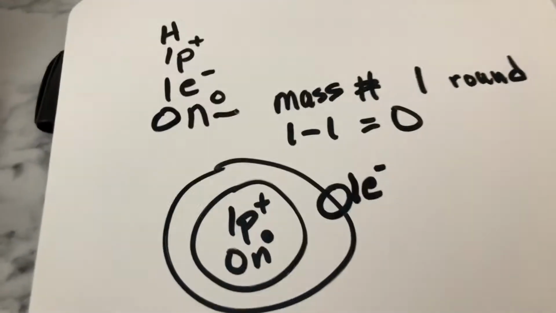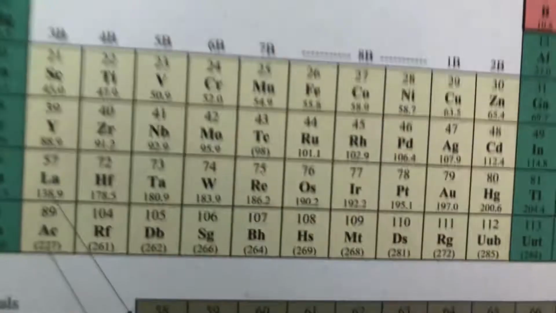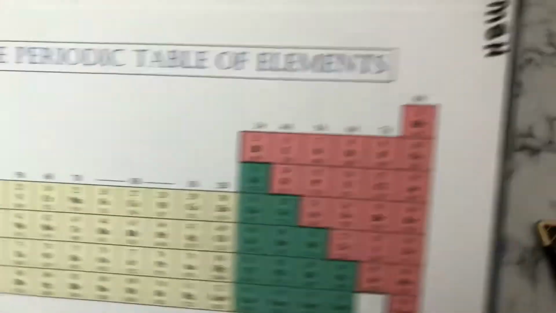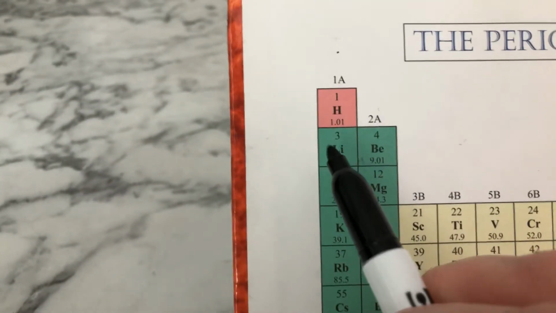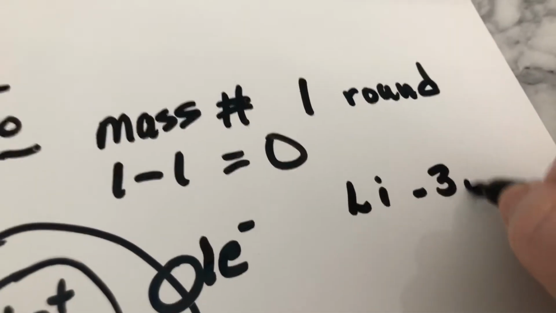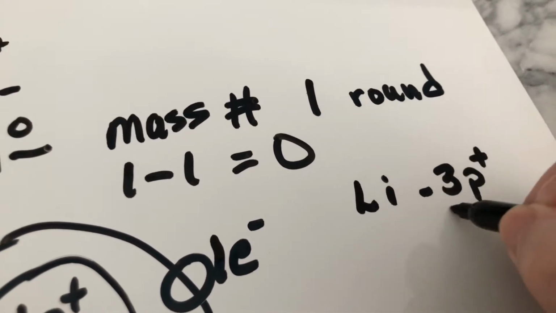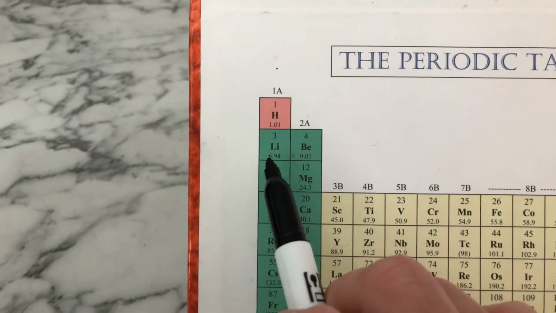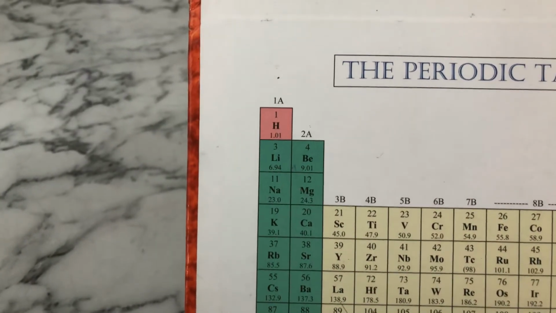So let's talk about the mass number. Let's pick another one: lithium, number 3. Lithium has 3 protons and 3 electrons. If you go back and look at the atomic mass, it's 6.94.